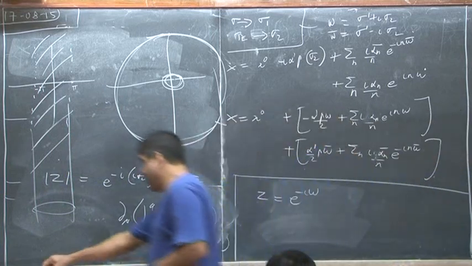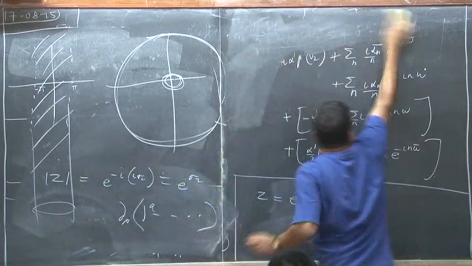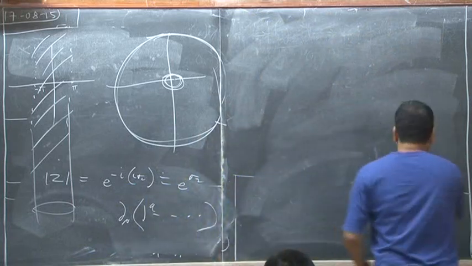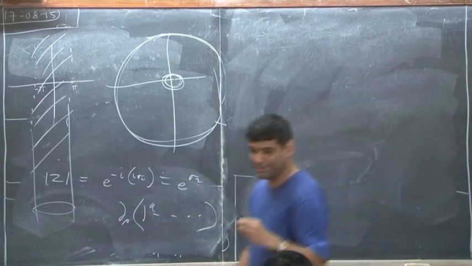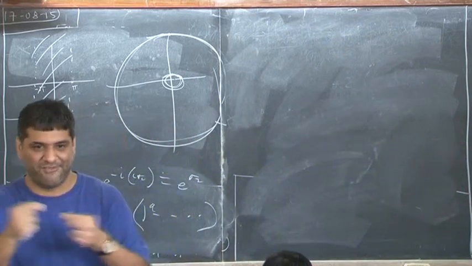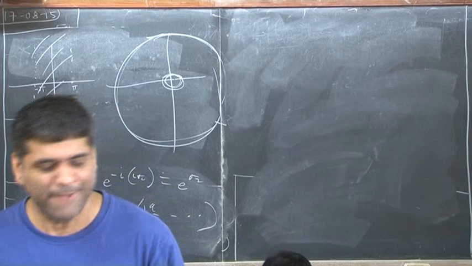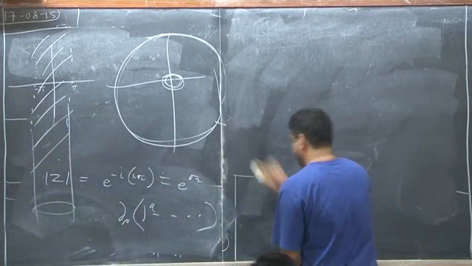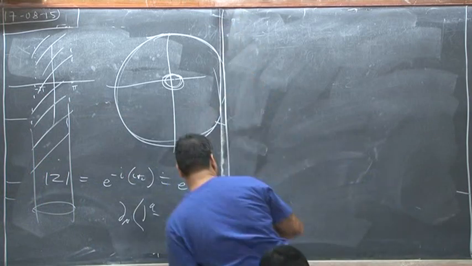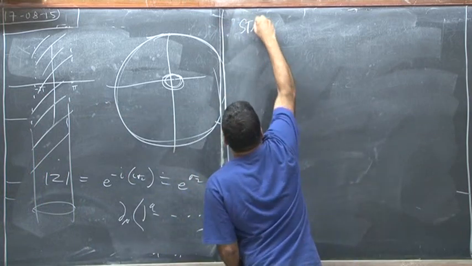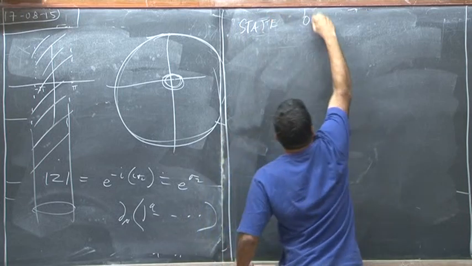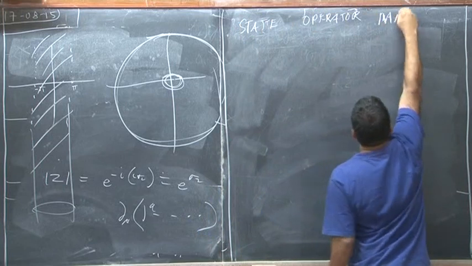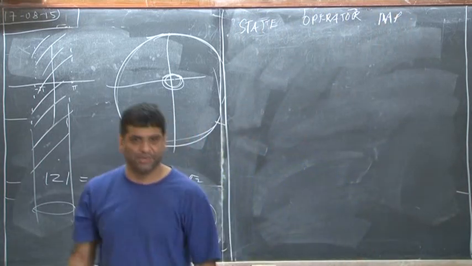So now, once we've got this understanding, I want to go back to what we derived last time about the singularities. Actually, a bit before that, let me explain the state operator correspondence, just so that I can explain the operator product expansion to you.